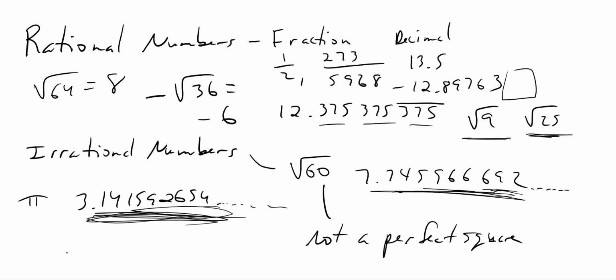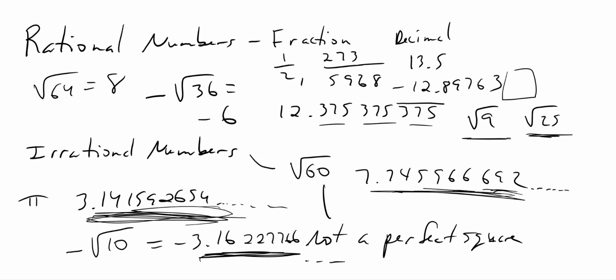But if I say the negative square root of 10, and I type the square root of 10 in my calculator, it doesn't matter that there's a negative on the outside, I get negative 3.16222777 66. In other words, it keeps going. It doesn't stop, and it doesn't repeat anything. So that's what you need to know for rational and irrational. Super easy.